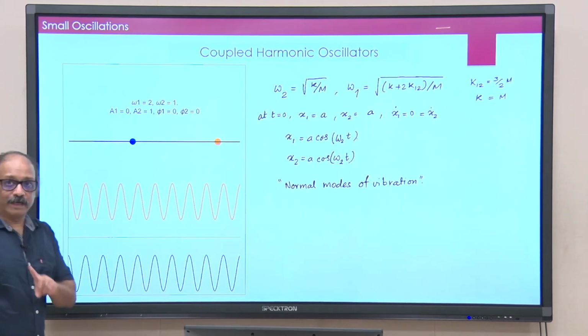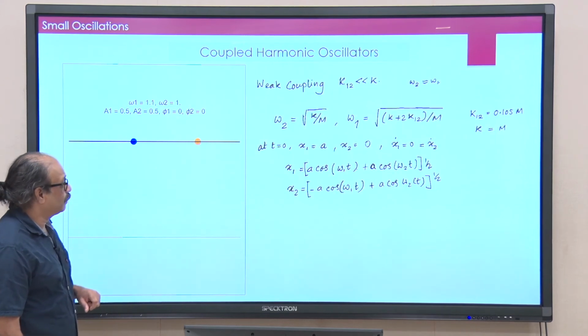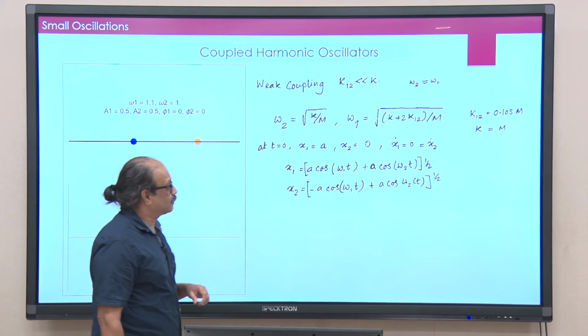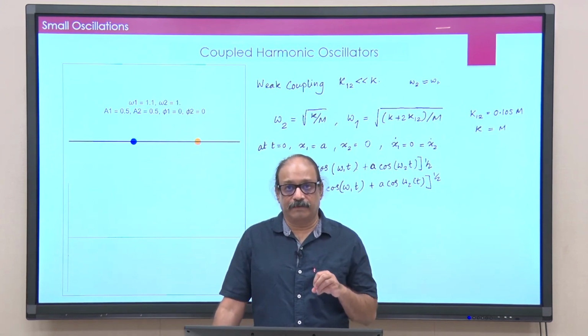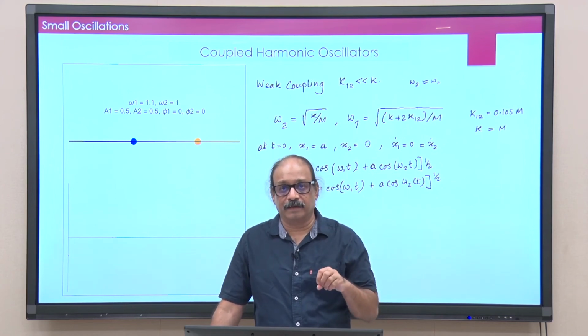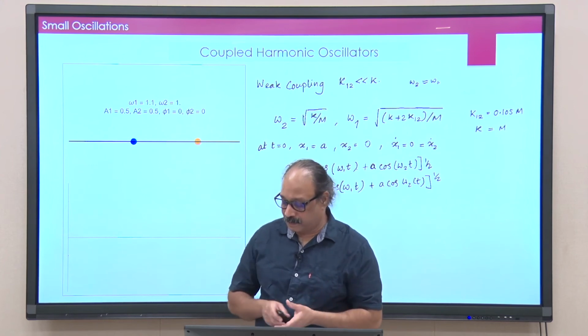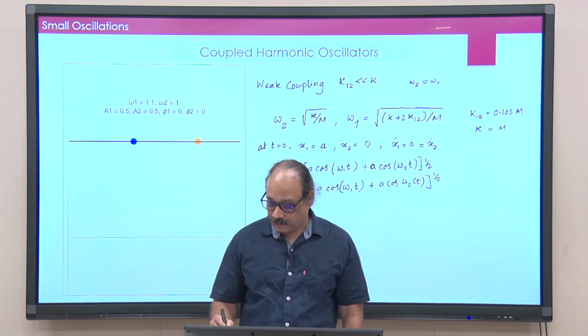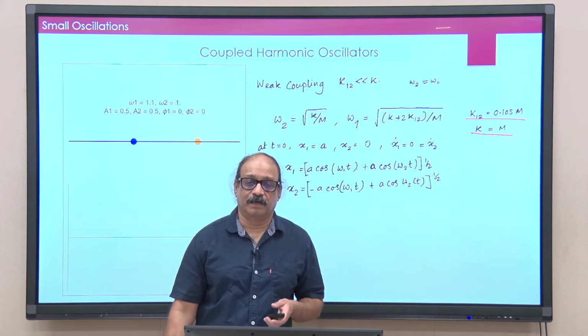One more case, and this case is called weak coupling. In this case I will choose K12, the spring constant of the middle spring, to be very small. Let me in particular choose k equal to m, but K12 about 10% of k.